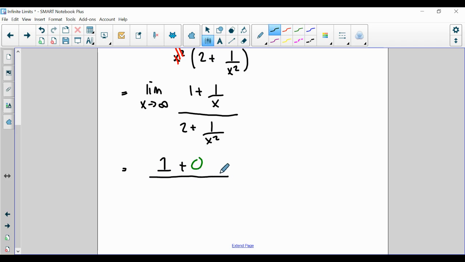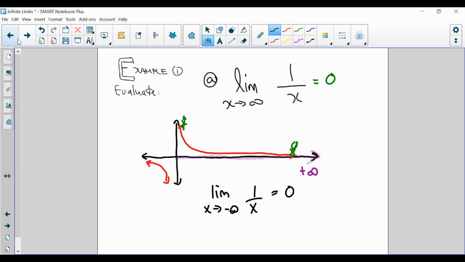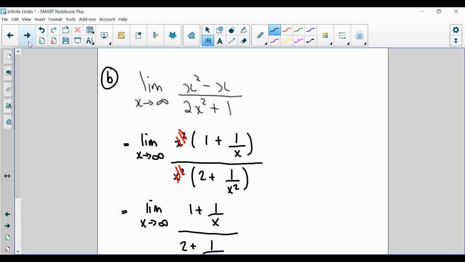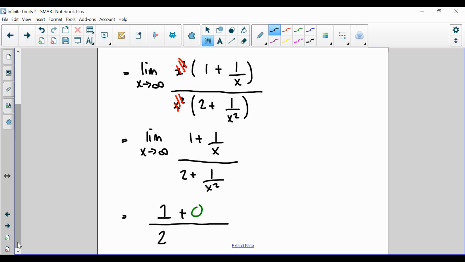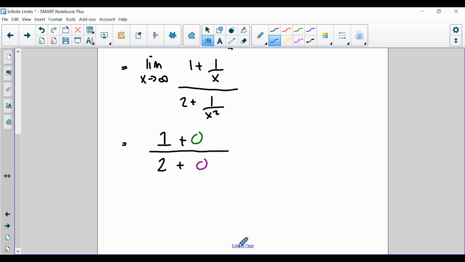And then over, what's the limit as x approaches infinity of 2? Well, guess what? It's just 2. And then the limit as x approaches infinity of 1 over x squared, well, that's the same as this one. It's just getting to 0 much faster. So this is also plus 0. And then we get our answer. I know you're probably like, yo, that was easy.